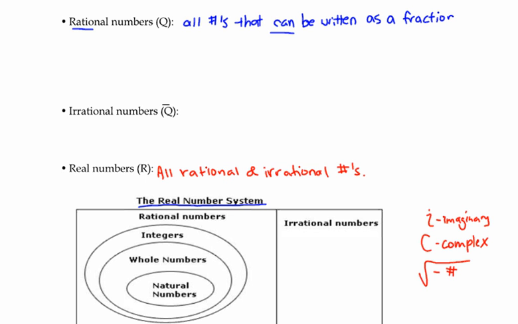So how do we spot if a decimal can be written as a fraction? If you have 0.3 repeating, can that be written as a fraction? Yes, it's 1/3. So all repeating decimals can be written as fractions.